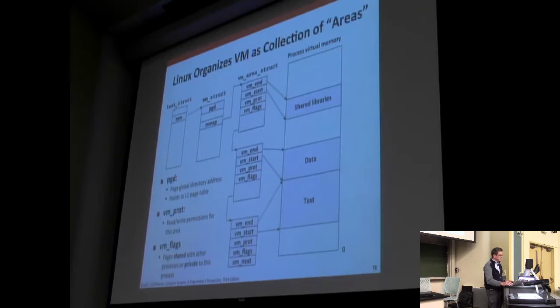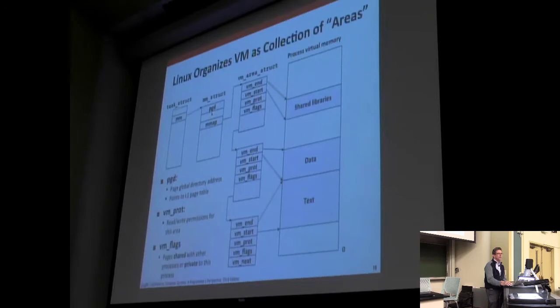There's a structure for each process called the task struct, and this contains a pointer to the mm struct, which has a bunch of stuff in it, but it contains the address of the level 1 page table. So that's part of the context.